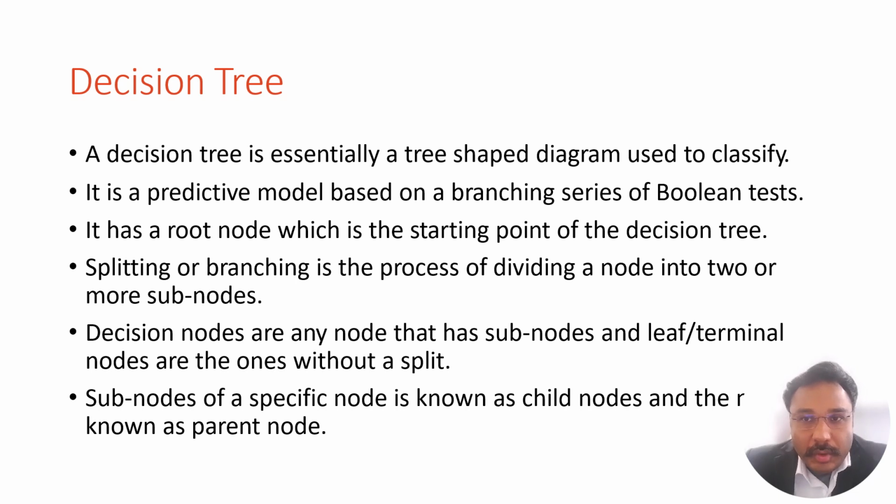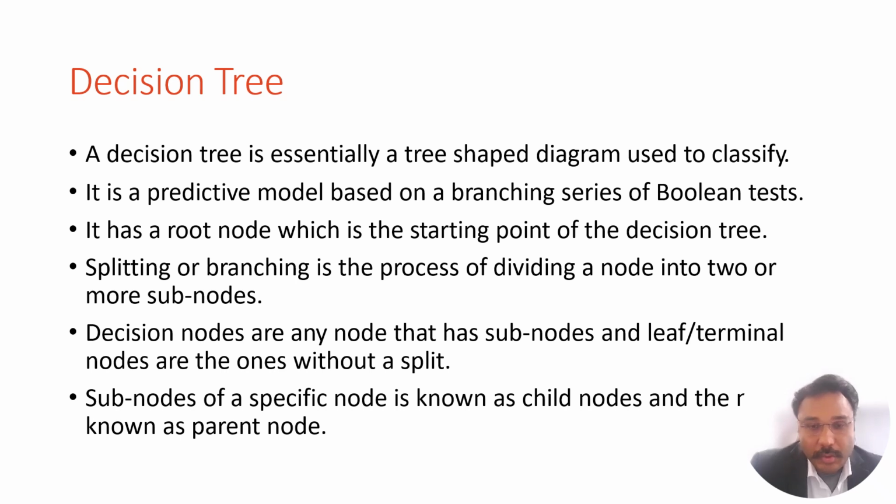So we focus on the decision tree. It is one of the simplest and most intuitive classification techniques. It works like a flow chart where each decision leads to another branch until a final outcome is reached. We start with the root node, which represents the initial decision point.